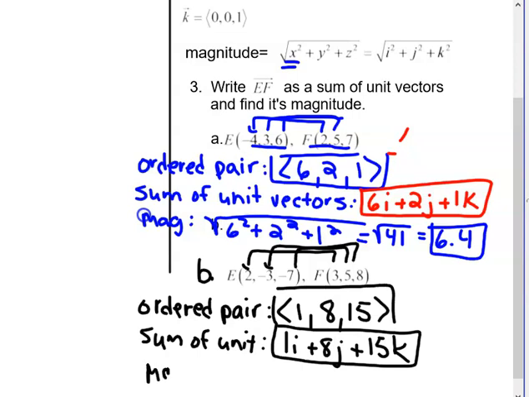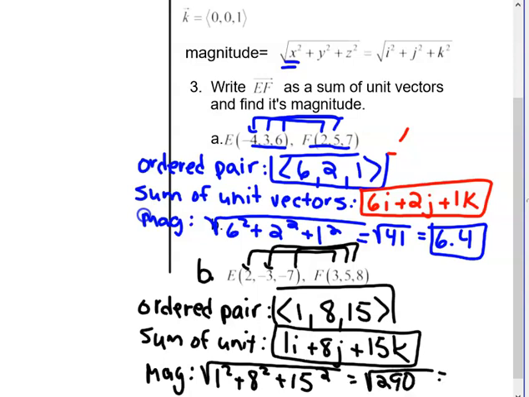And finding the magnitude, so I can just take the new ordered pair and I can square it. There's no need to do the subtracting and the squaring again. So we can go 1 squared plus 8 squared plus 15 squared. It ends up with 290.